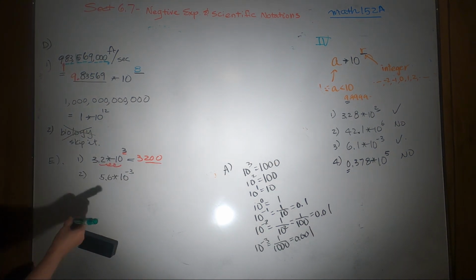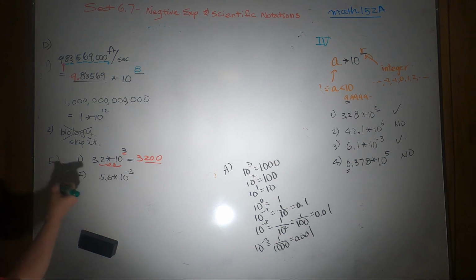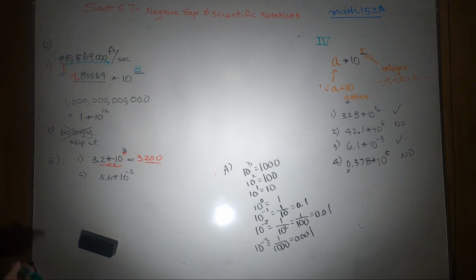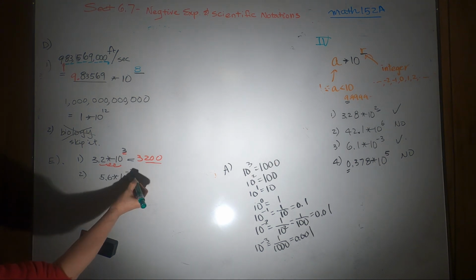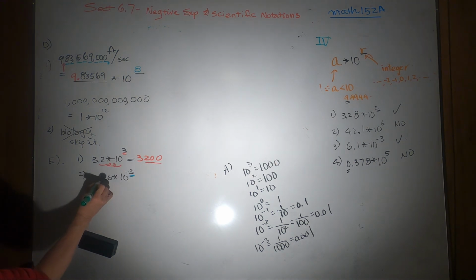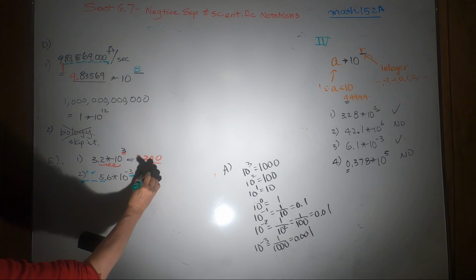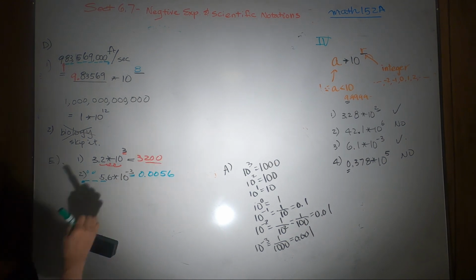Okay, so you have to move your decimal to the right or to the left. Becomes smaller, you move to the left. So how many places? Whatever the power is. So 1, 2, 3. So your new decimal will be here. Then for the empty space, what do you do? Fill in with 0. So your answer should be 0.0056.